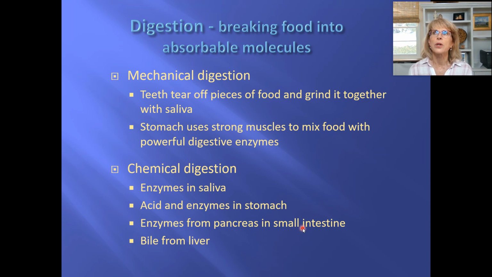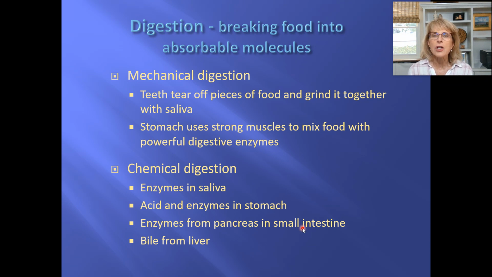Some textbooks still consider there to be mechanical digestion in the intestinal tract. For our class, we are going to assume that mechanical digestion starts in the mouth, and by the time the stomach is done with the food and is moving it into the small intestine, we're going to consider mechanical digestion basically done.